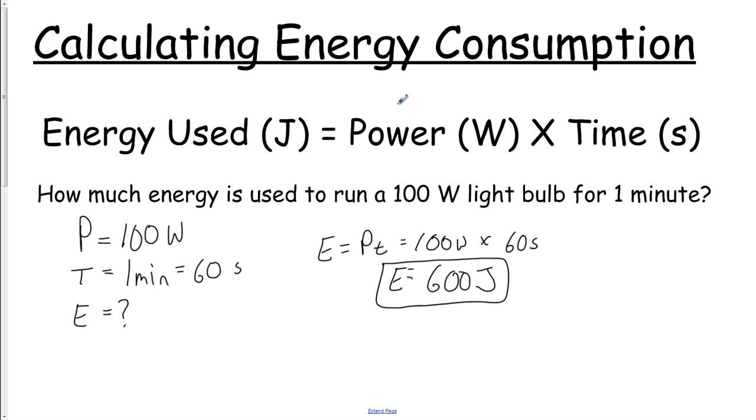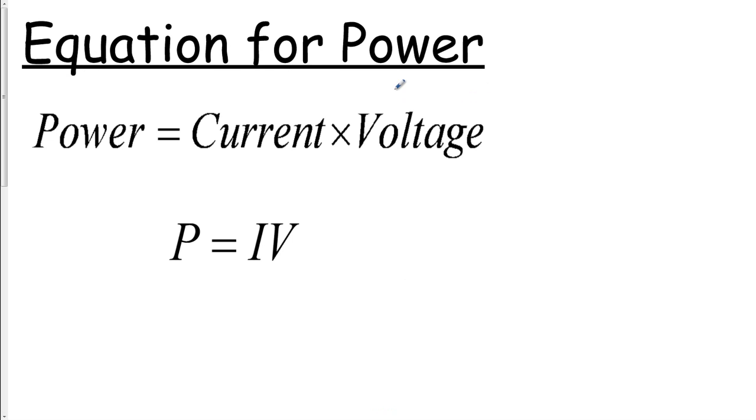All right. So the equation for power is power equals current times voltage. Current is measured in amps, and 1 amp equals 1 coulomb per second, because that's a flow of charge, and voltage is measured in volts, and 1 volt equals 1 joule per coulomb.